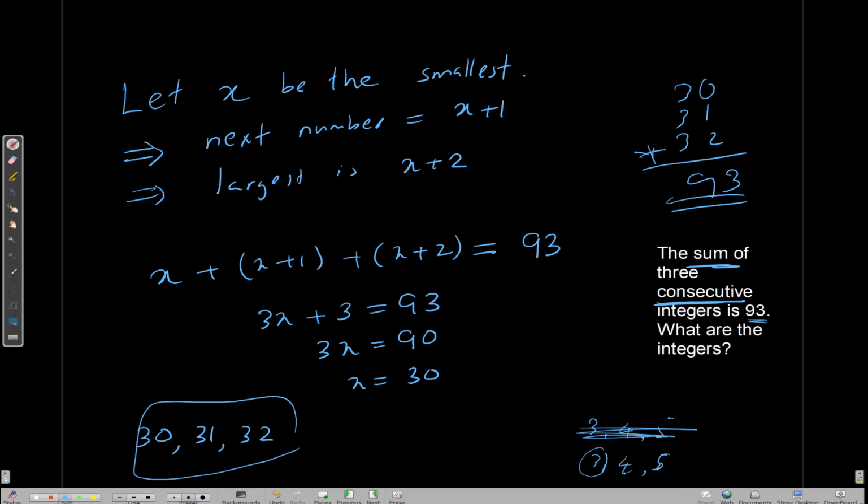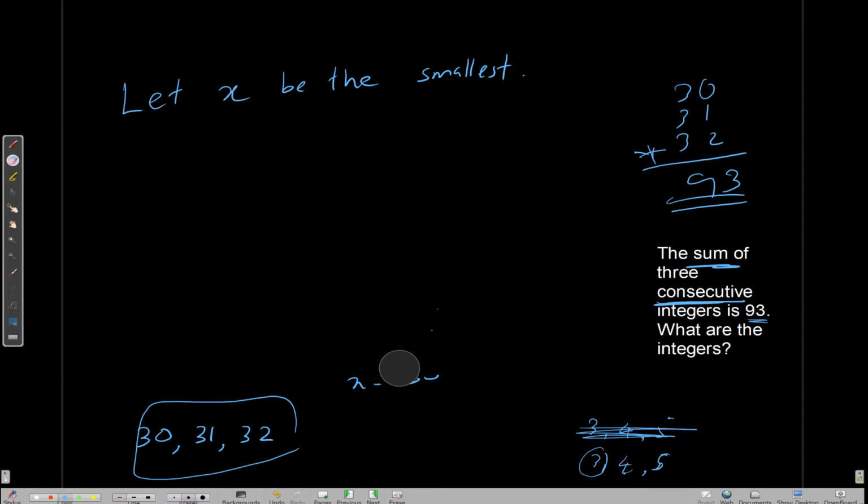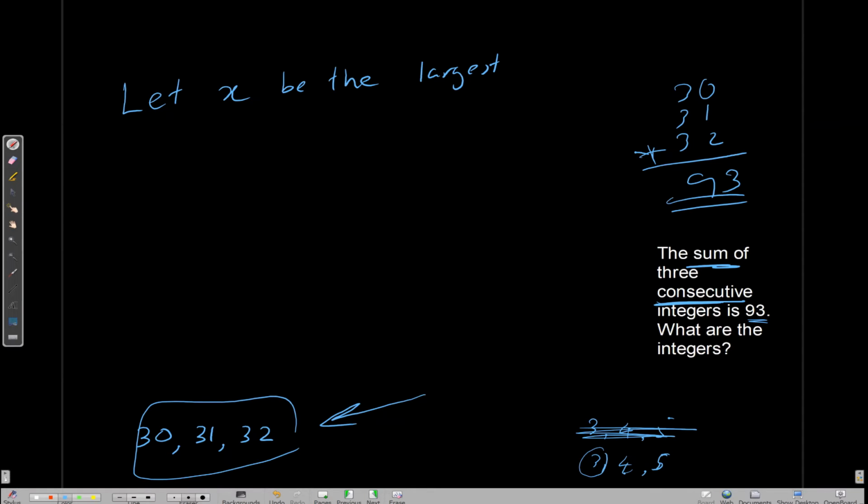Now, in this example, what if you choose x to be the largest? Let me erase this and show you. Let me leave my answers. What if somebody chooses let x be the largest? Then our equations will be different, but still we have to have this answer. So in that case, the middle number, let me word it like that, should be x minus 1. The smallest in this case should be x minus 2.